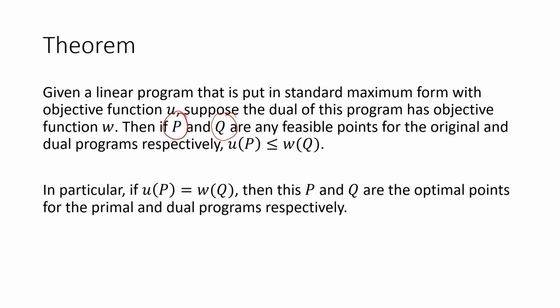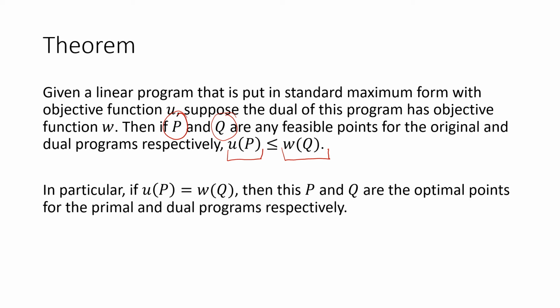This theorem says that the value of your objective function in the primal at that feasible point is always going to be less than or equal to the value of the dual at the feasible point from the dual that you selected. Doesn't matter what the points are. The primal, when it's in standard maximum form, is always going to be less than or equal to any point in the dual.